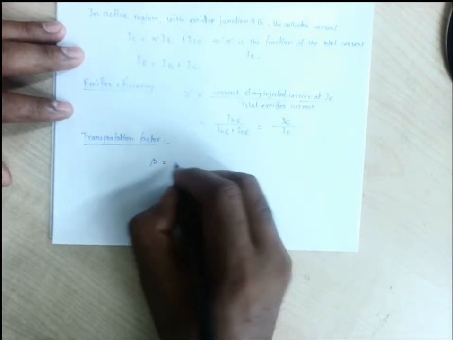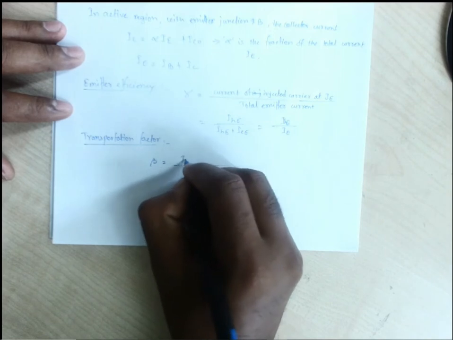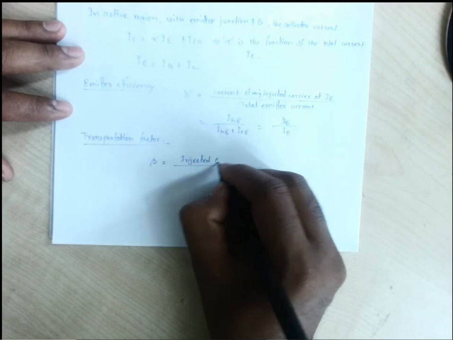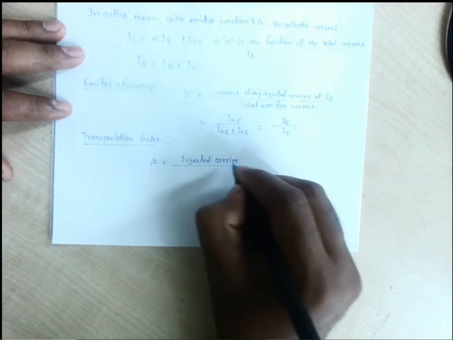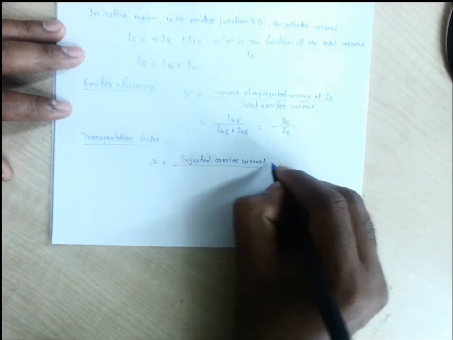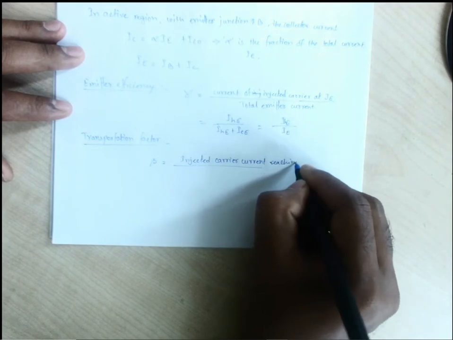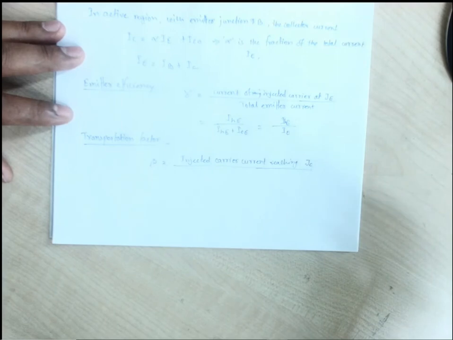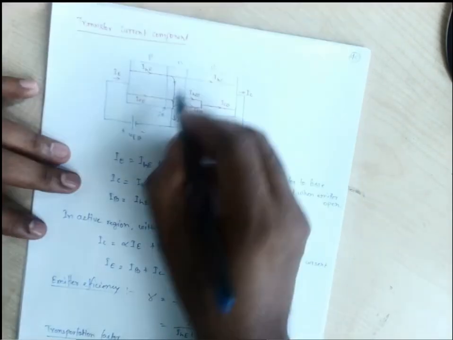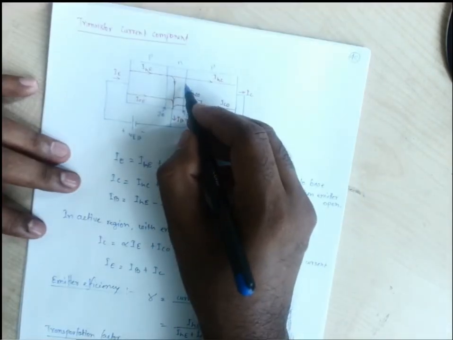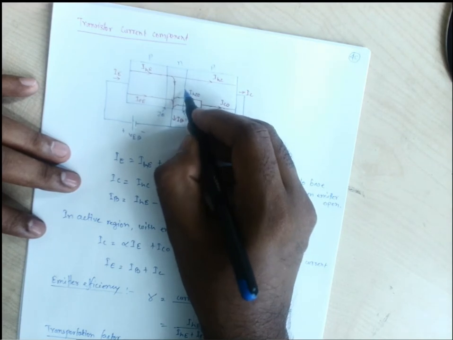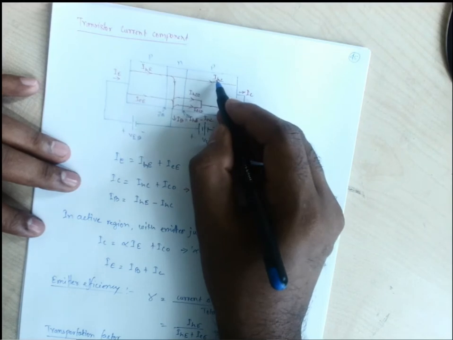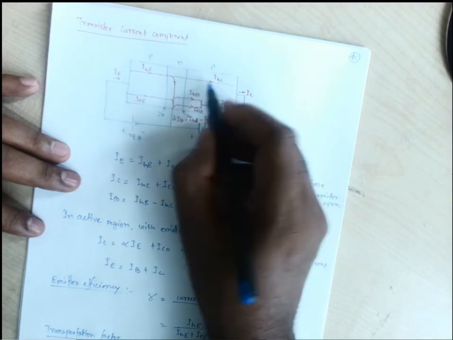It is the ratio of the injected carrier current reaching JC, the collector junction, to the total injected carrier current at JE. This junction has the current IHC.